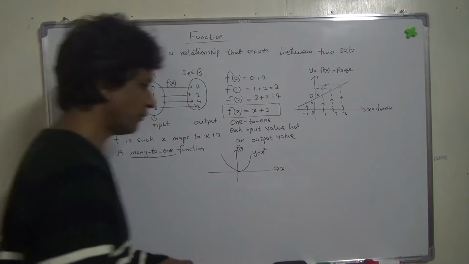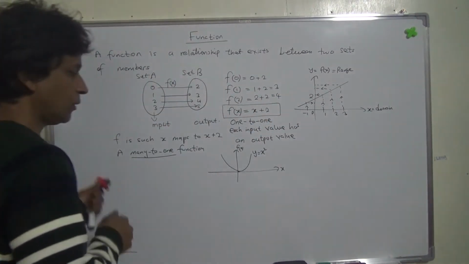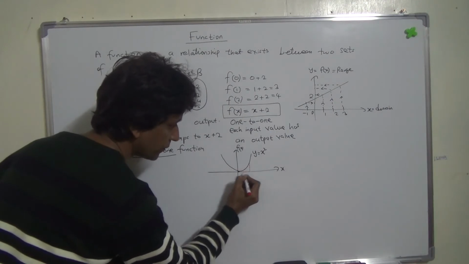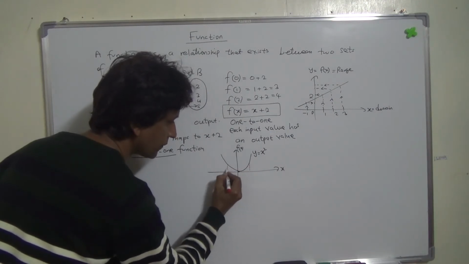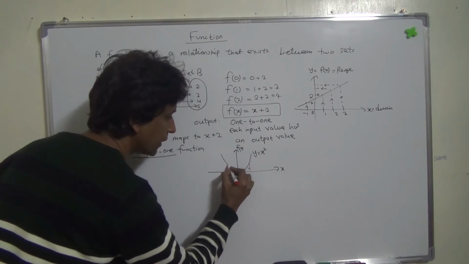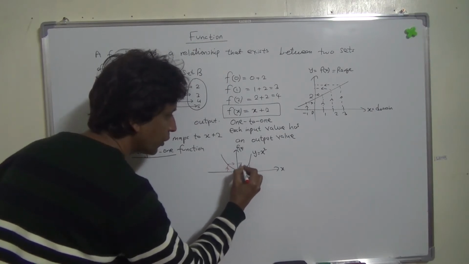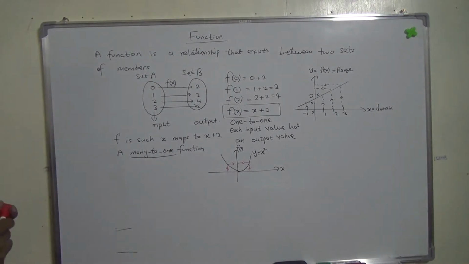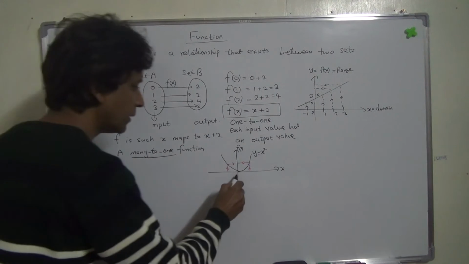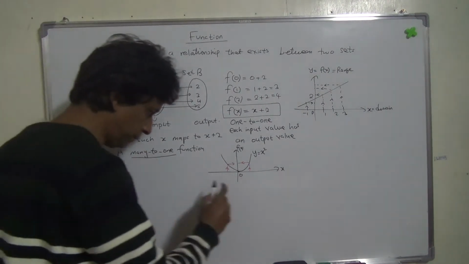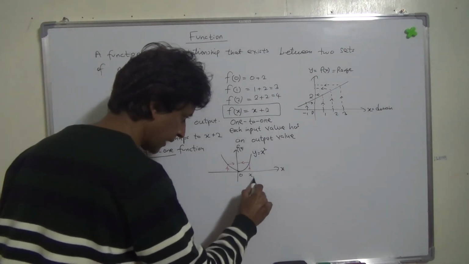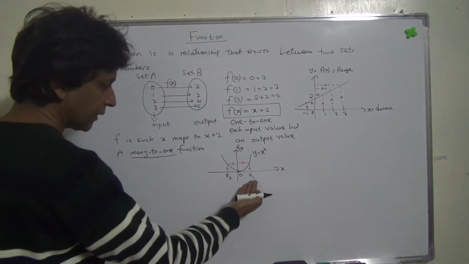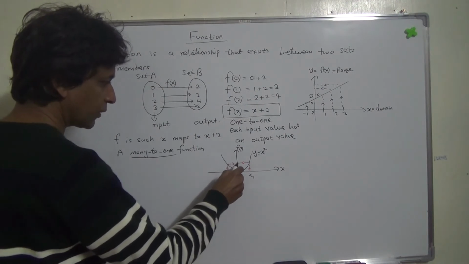Now for each value of y, you've got two values of x here, one and two, and it's going to give you only one value of y. So this is basically a situation where you've got two values of x, let's say x1 and x2 after you solve the equation, and for each of these values you get one value of y.